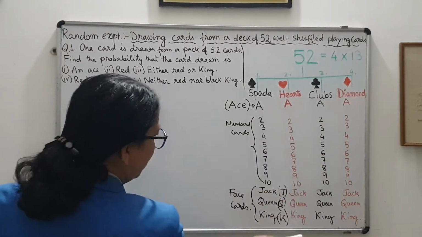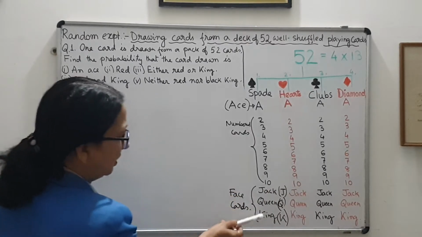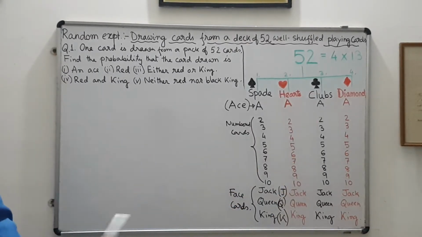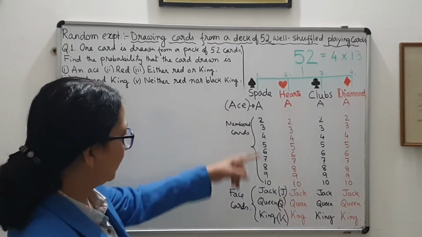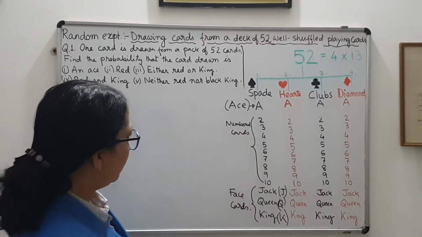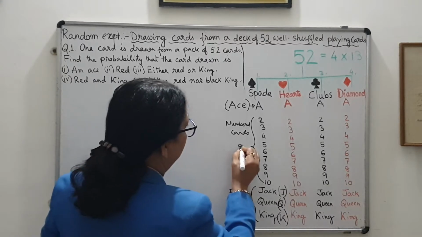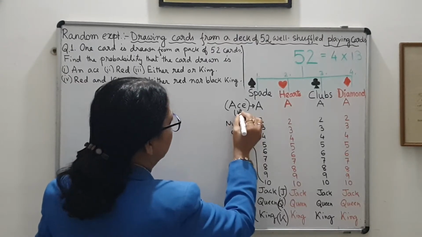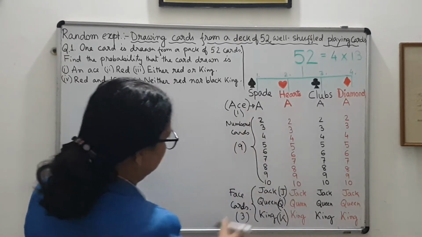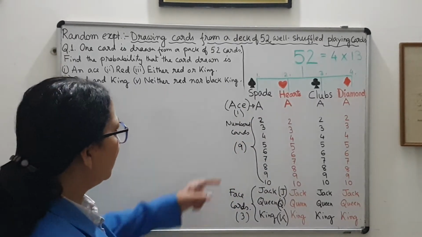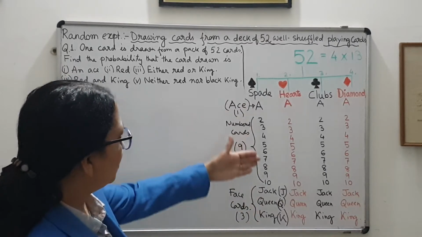Then for hearts I have shown you. Then for spade also Jack, Queen, King, and similarly for diamonds also there will be 1 Jack, 1 Queen, and 1 King. So total 13 cards: 1 ace, 9 numbered cards and 3 face cards. So 1 plus 9 plus 3, 13. In this way the cards are distributed in 4 suites.